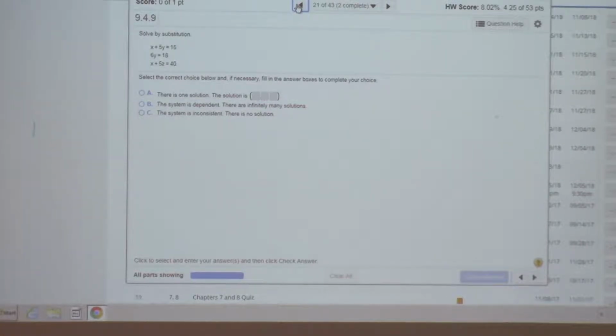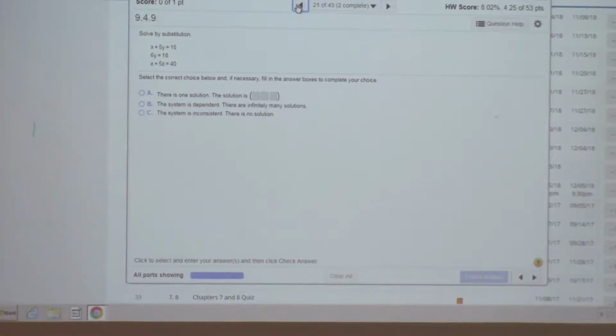So we have a system of equations. Solving a system of equations is just like solving one equation, but instead of one equation, you have a couple of equations. The number of equations will be the same as the number of variables. So in this case, you have 3 equations because you have 3 variables, x, y, and z.